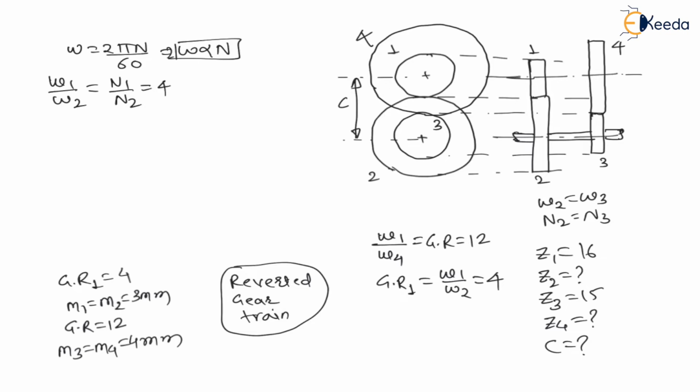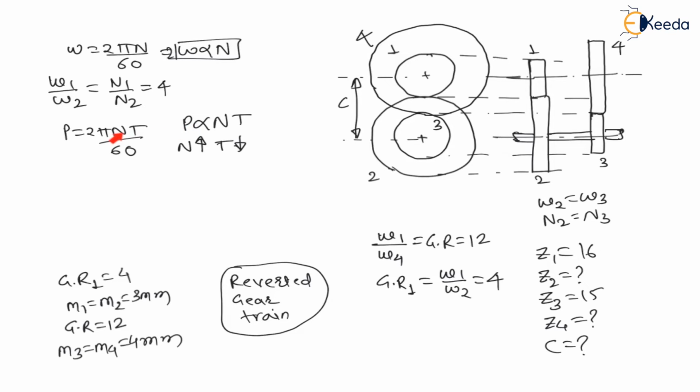Again from the power equation, power is nothing but 2 pi N T upon 60, and power is constant. Therefore power is directly proportional to N and T, where T is the torque. Therefore as N increases, torque decreases, definitely, for power to be constant.